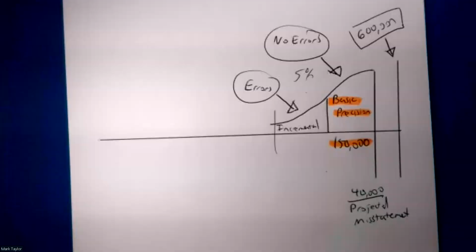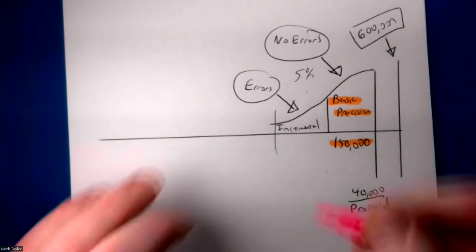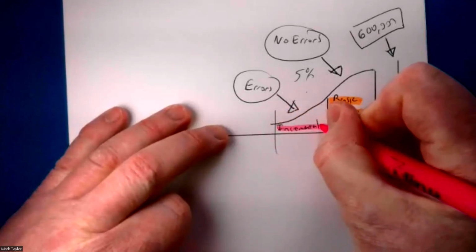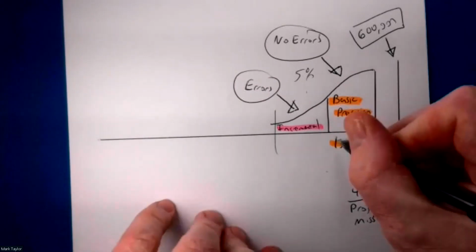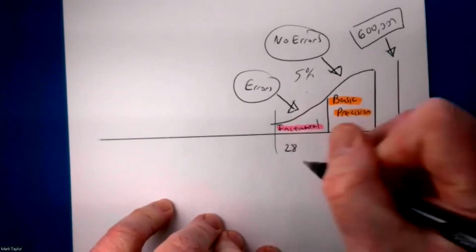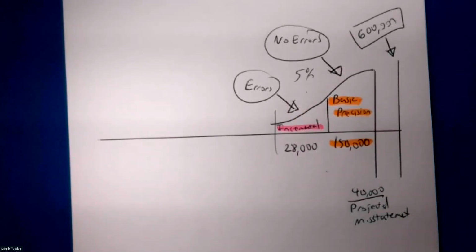So getting back to this thing, for incremental, we're saying that this could be off by another 28,000 because we found some errors.